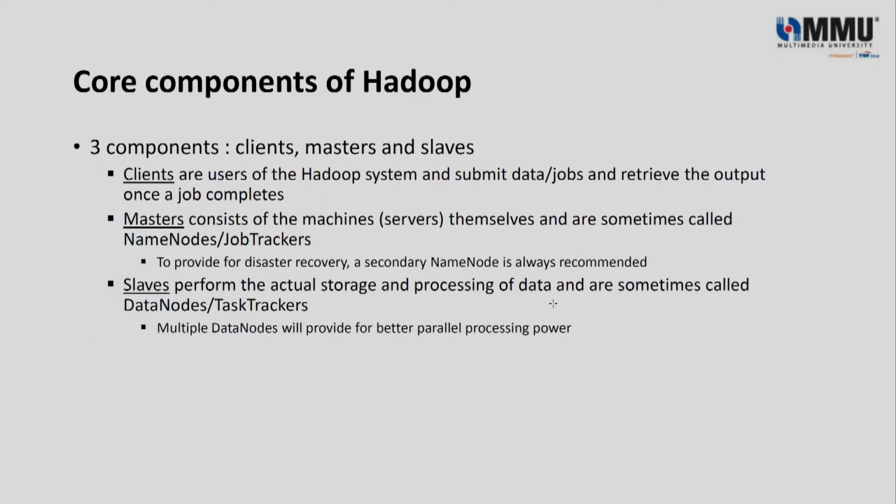There are three main components of Hadoop: the clients, the masters, and the slaves. The clients are the users of the system, and they submit data and jobs into the system. The masters consist of machines that are sometimes called name nodes or job trackers.